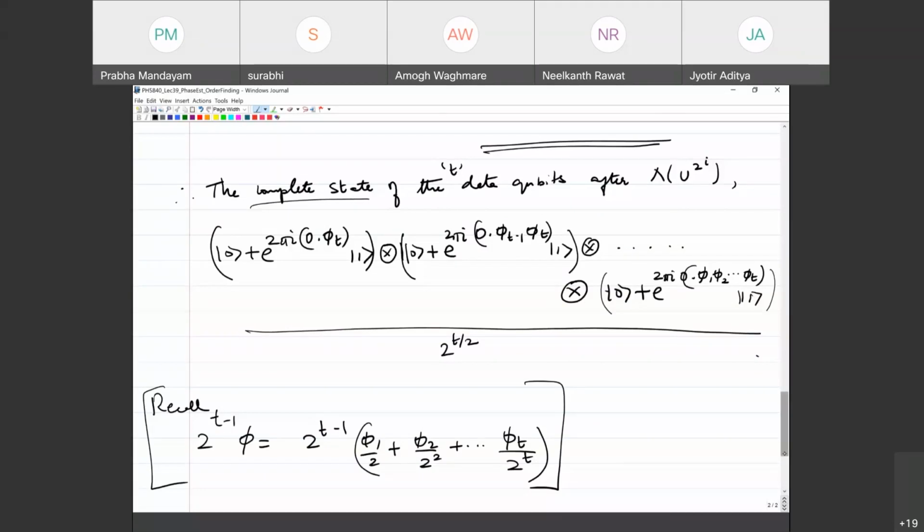QFT. Yeah, QFT on what? So remember φ_1, φ_2, etc. are all the t qubit bit sequence. Correct, exactly.